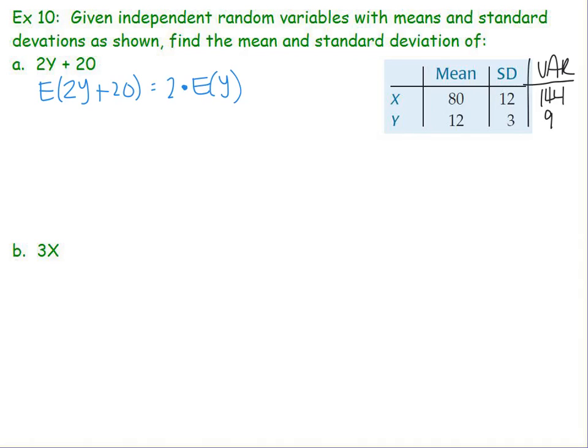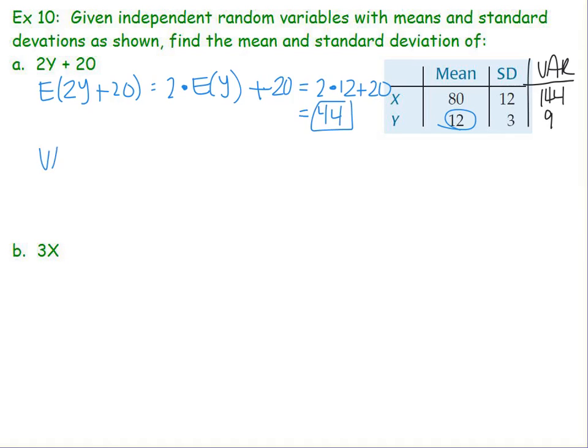And equation 1 says it's the expected value plus the constant. So all we're doing is mixing the two together. So we're going to take 2 times the expected value of y, which is 12, plus 20. Well, 2 times 12 is 24, and 24 plus 20 is 44. So it's just mixing the two.